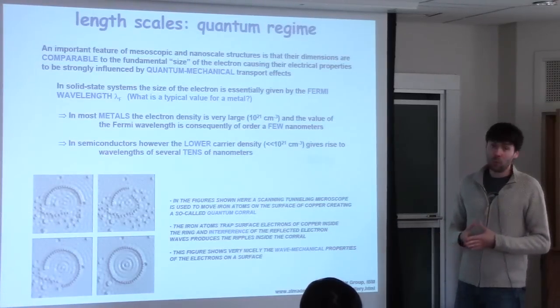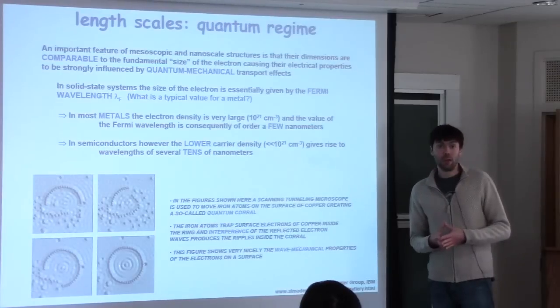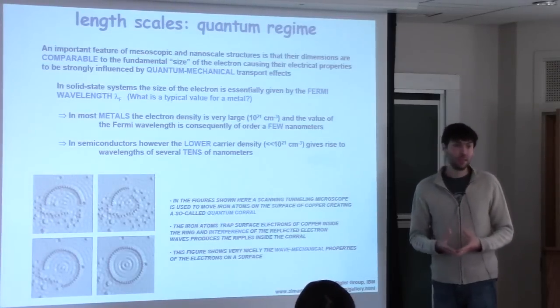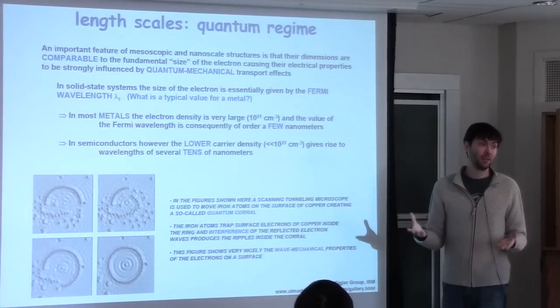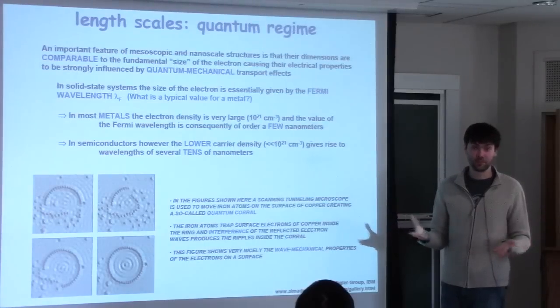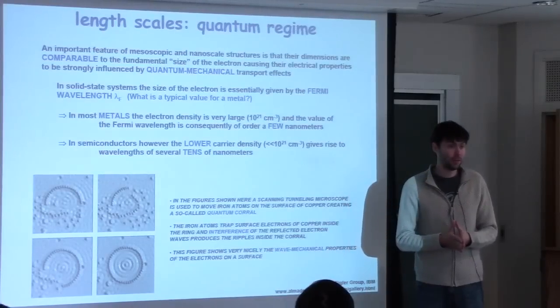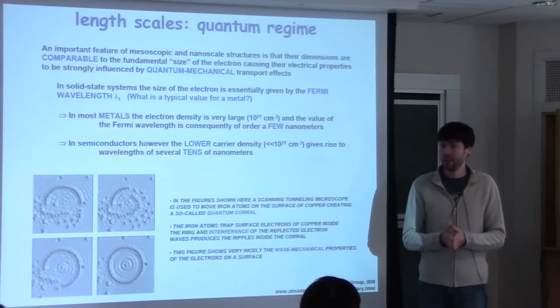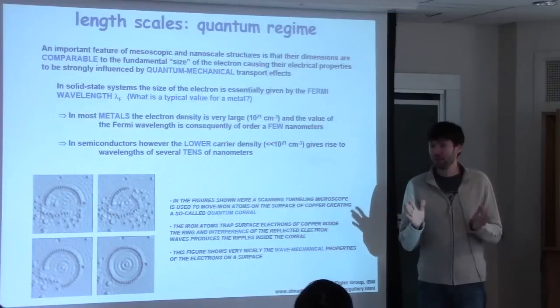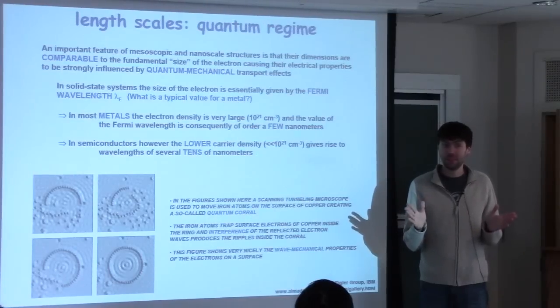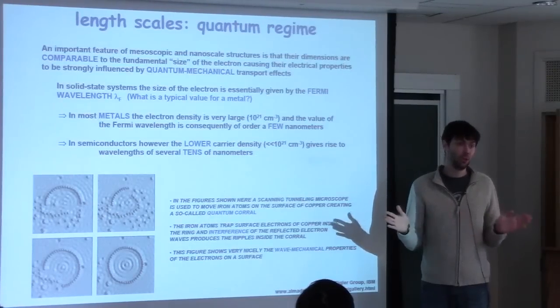If you want to know the wavelength, your best guess is to just take the Fermi wavelength of a particle in a certain material. For metals, we all know very well what the wavelength is. It is roughly the distance between atoms, maybe a little bit longer.